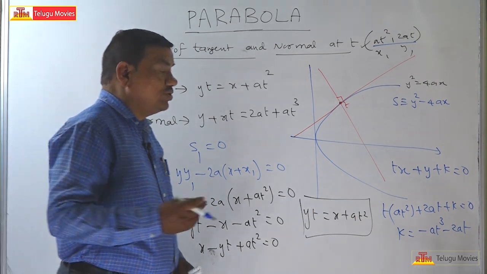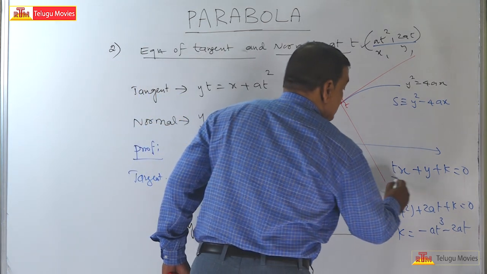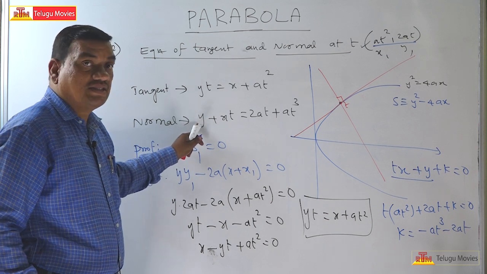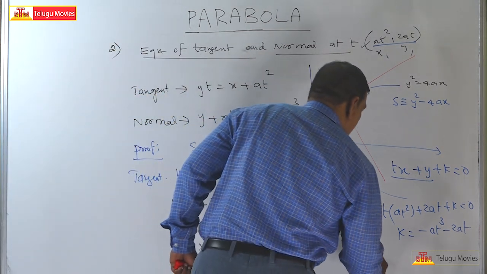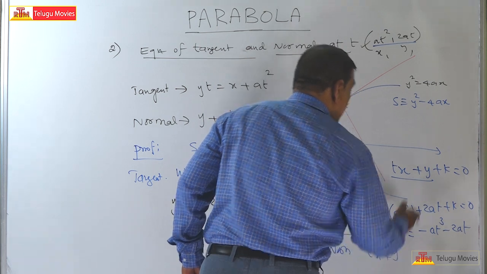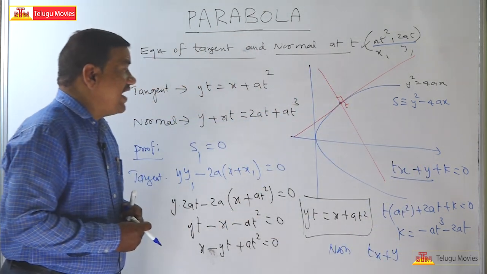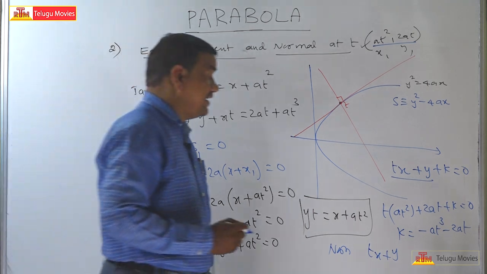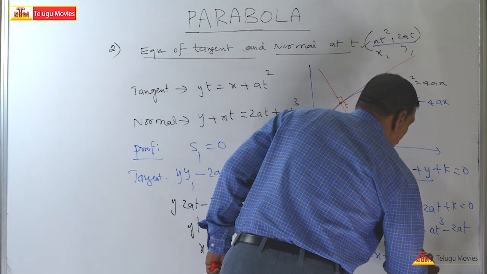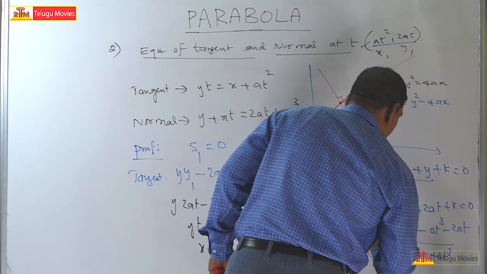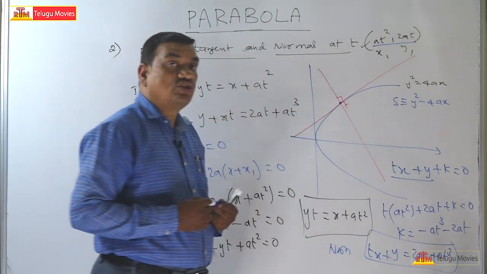So almost you will get the answer: tx plus y plus k is the equation of the normal.